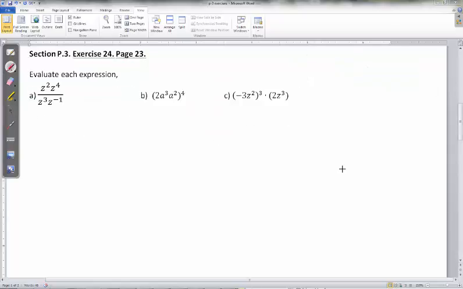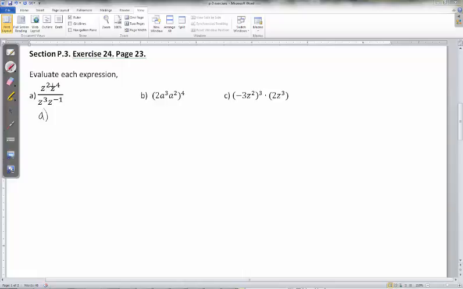Moving on. This is exercise 24 from page 23 of the book. This is really having you practice the addition and subtraction and some of the distribution rules of exponents. So in this first one, A, what you want to do first is to a certain extent up to you.